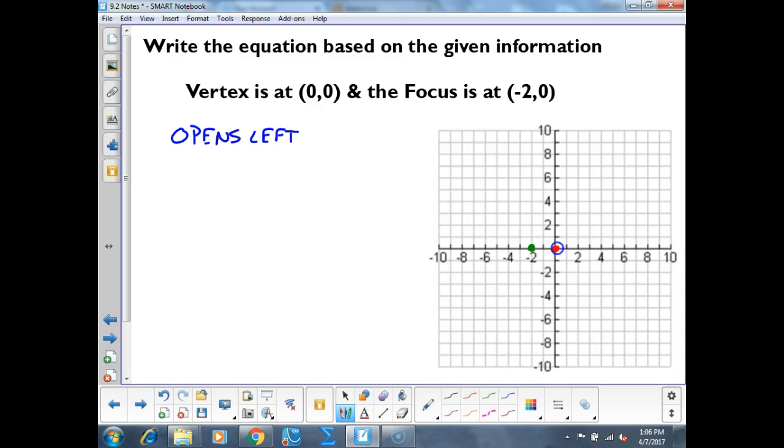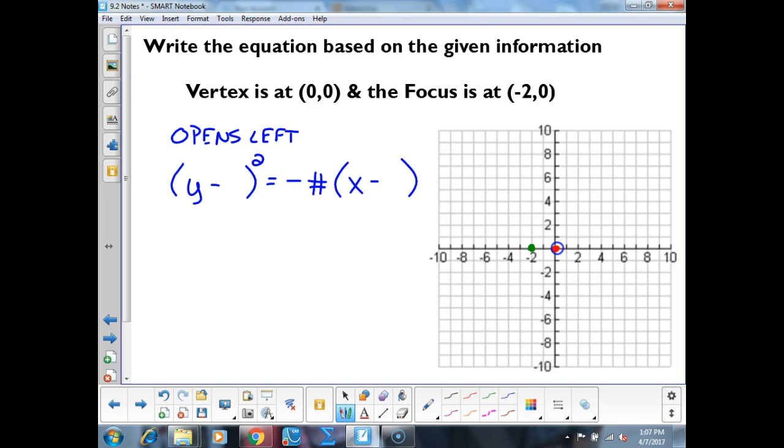Now, from what we learned on Tuesday, reinforced yesterday, what is the equation for a left opening parabola? It's got y squared and a negative number. So it's got (y minus something) squared equals some negative number times (x minus something).